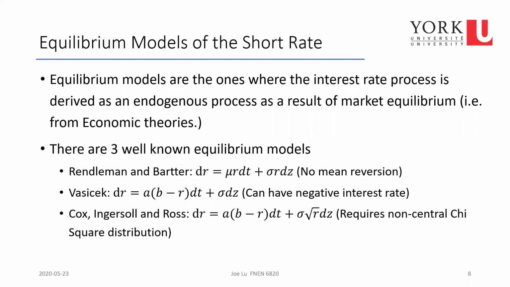It cannot depart so substantially away from that, and therefore the long-term level of that interest rate we call just an interest rate target. If it's very much higher than that, over time it will tend to go lower towards that long-term rate. And if the current rate is substantially lower than that long-term rate, you will see that over time the interest rate will go up to that long-term rate.